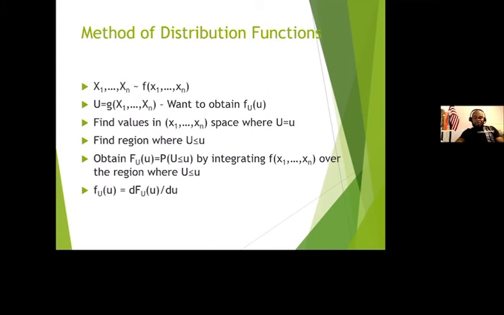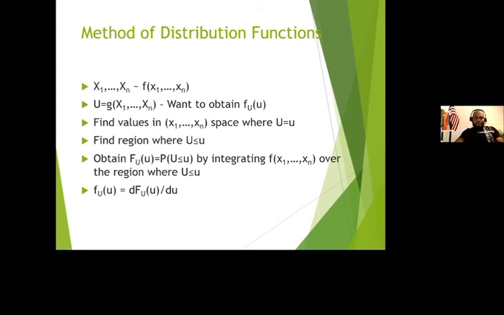Okay. And of course, what we want to do, knowing the probability function of a random variable x, is to have a way to derive the probability function of a new variable that is also a function of random variable x.